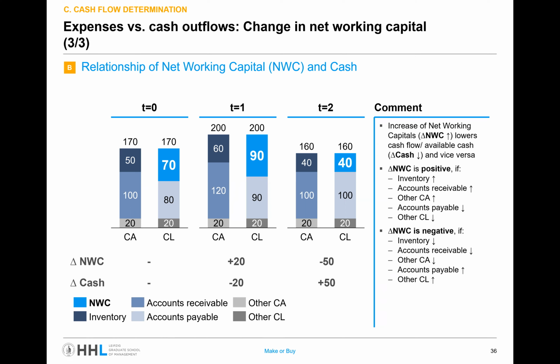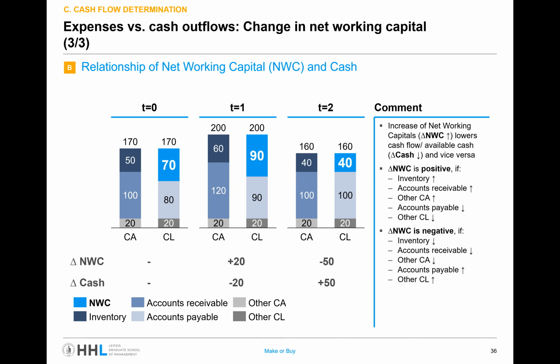Now that means that less cash is available in our bank account, more cash is bound in our working capital, in our operating process of running the business, and that is not at all reflected in our profit and loss statement. So we have to reflect it somehow when we calculate our cash flow.